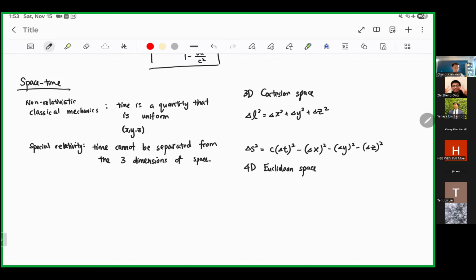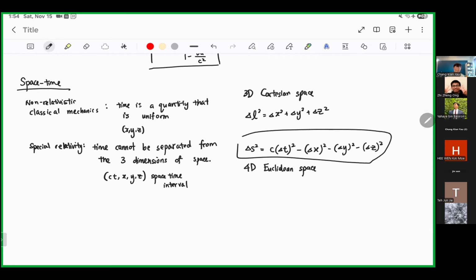So we would now start to write our coordinates, because usually you write the coordinates as x, y, z, as ct, x, y, and z, which is called the space-time interval. And then you have this equation here.